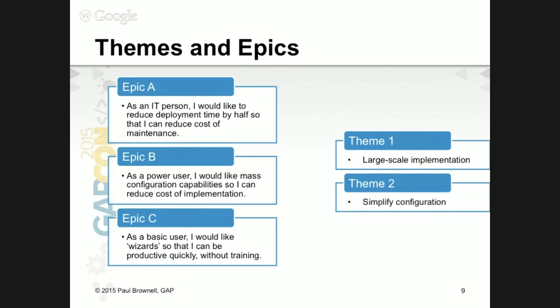As a basic user, simplifying configuration means something entirely different. For that persona, it's a wizard that asks me questions and walks me through configuration step by step. Both of those together achieve a theme of simpler implementation or simpler configuration.